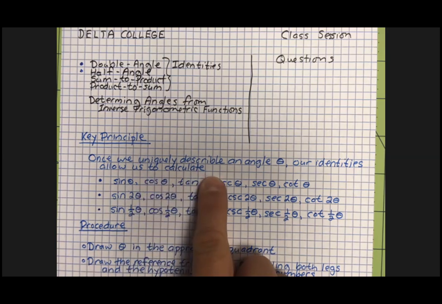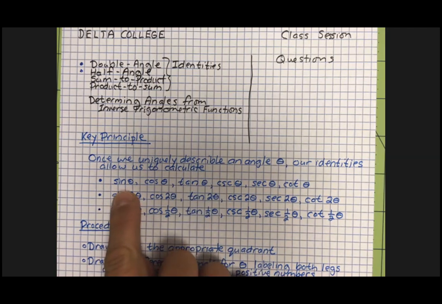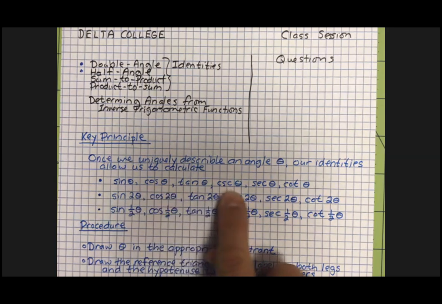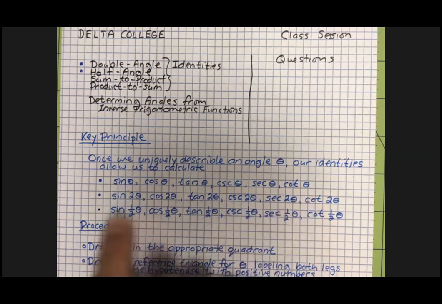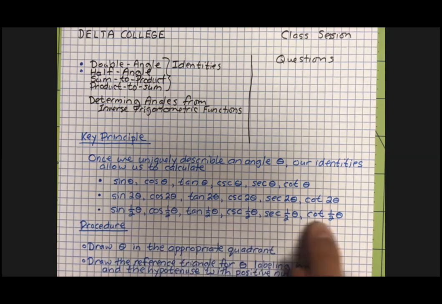That once you uniquely describe an angle, then our identities allow us to calculate everything about that angle, not just the 6 trig values of that angle, but the 6 trig values of the double angle, the 6 trig values of the half angle.